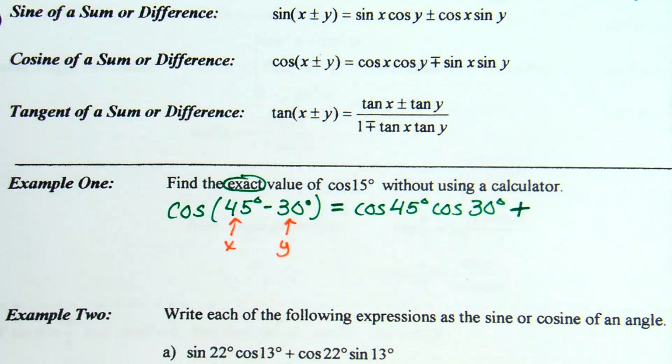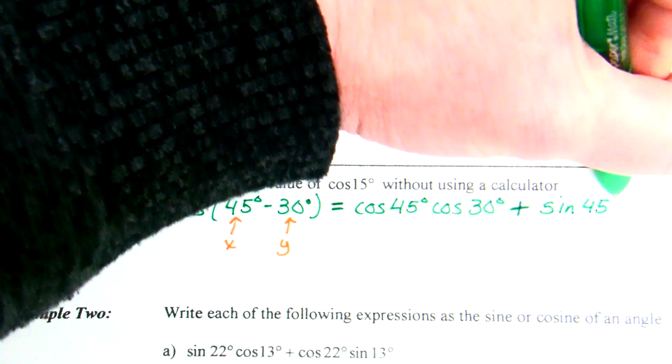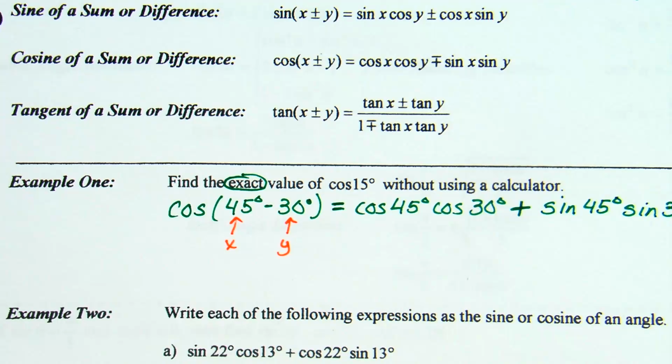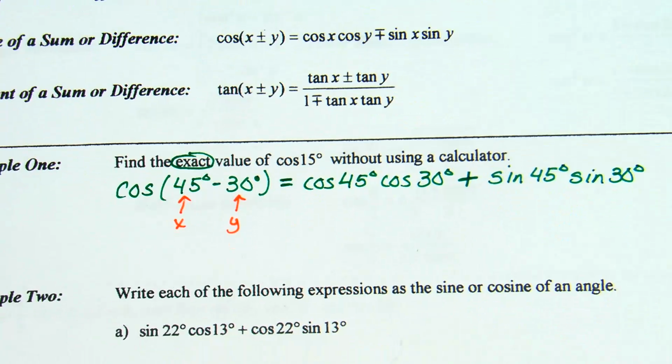With the cosine identity, I need to use a plus sign, because remember, in the cosine it's plus minus here, minus plus here. That's telling you to use the opposite sign. So we're going to say plus, and then it's sine x, sine y. So I'm going to say sine of 45 degrees times sine of 30 degrees.